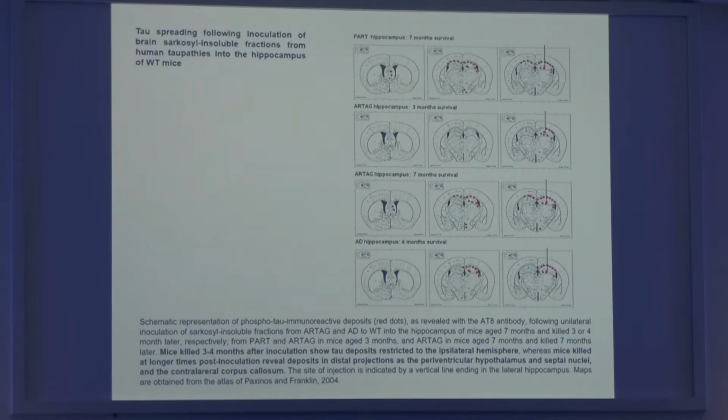Here is ARTAG at short intervals, 3 months after survival, just in the ipsilateral hemisphere, but following inoculation and survival of 7 months, we can see the spreading to the contralateral hemisphere and exactly the same regions as observed in PART.